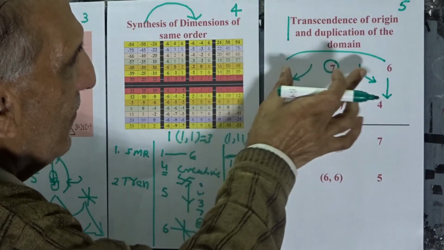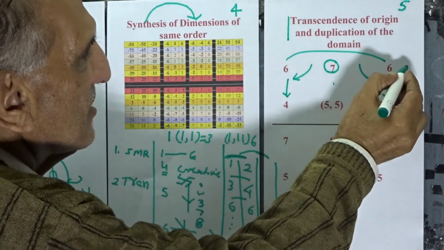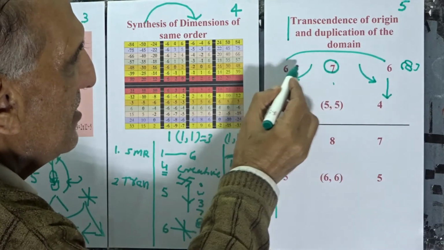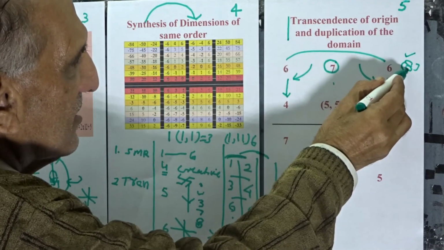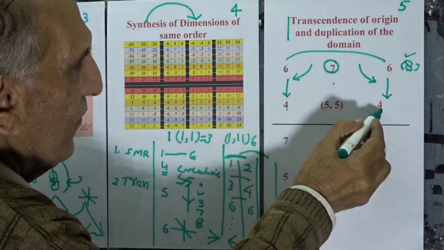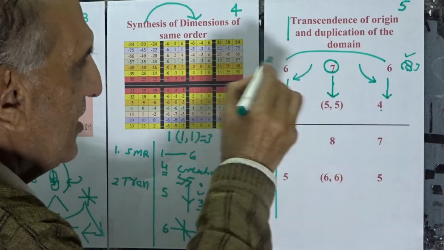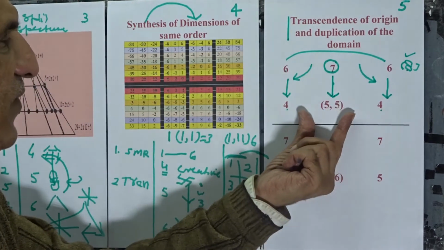This pair of dimensions will synthesize as value 8. See, the synthesis of values gives value 8, and the split of this value gives us 4 and 4, and the seventh space origin itself becomes a synthetic setup of 5 and 5.